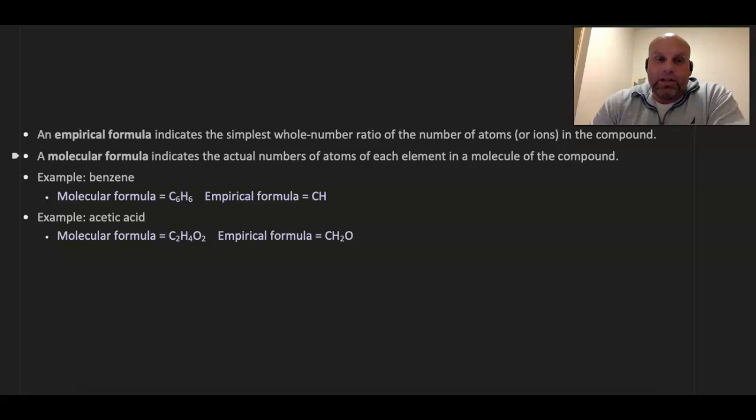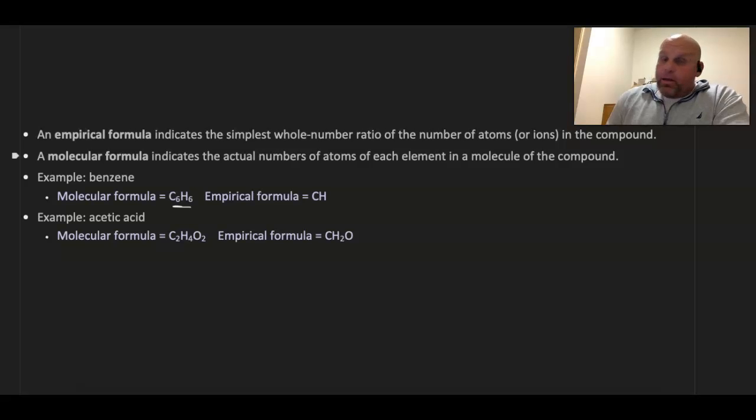If I take a look at these two examples here, you have an empirical formula of CH. That's the simplest ratio in which carbon and hydrogen can come together, but the actual formula for benzene, the molecular formula, is C6H6. You can see the ratios here stay the same. It's a 1-to-1 ratio still.